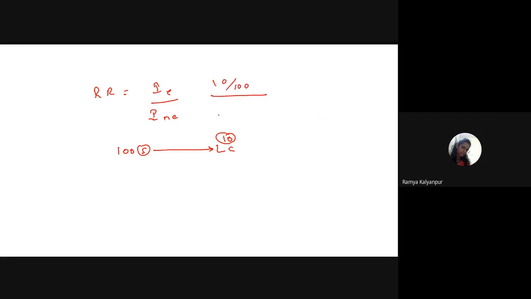And among 100 non-smokers, only two developed lung cancer. So the incidence among the non-exposed is 2 divided by 100, where the denominator is the total number of people under observation.